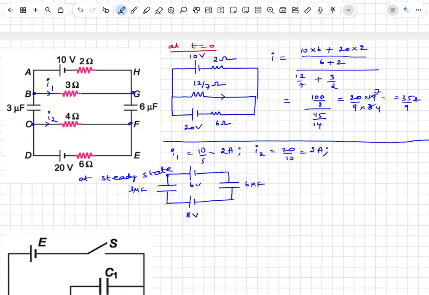So this is B, this is G, this is O, this is F. I'm still asking you again, do you have any doubt in this? Boys and girls, I'm asking again, are you sure?